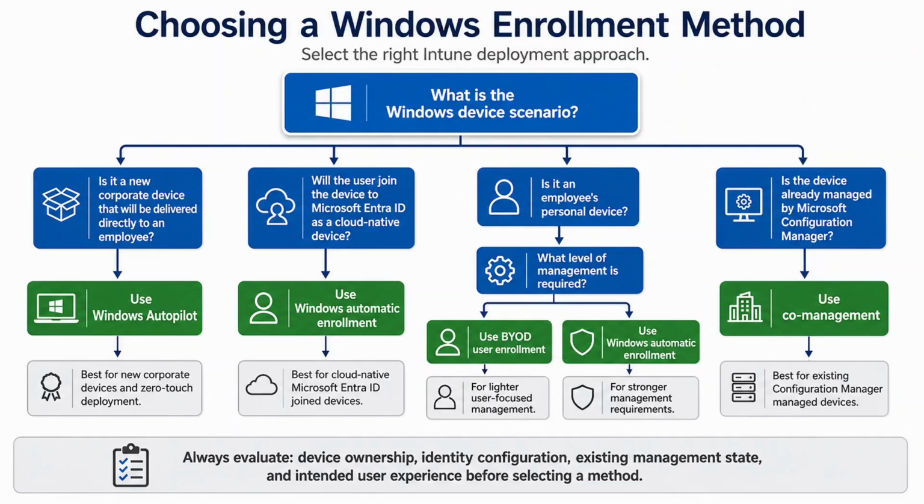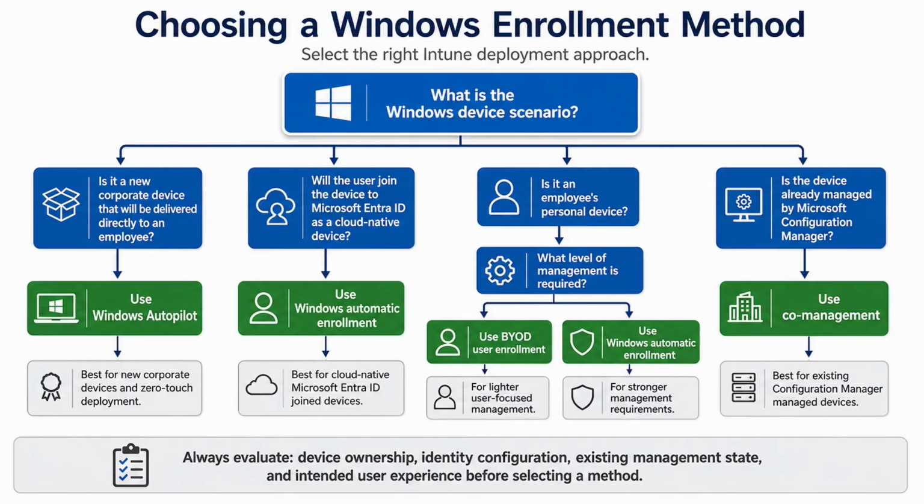For devices that are already managed by Microsoft Configuration Manager, use co-management. But before selecting a method, always evaluate the device's ownership, identity configuration, existing management state, and intended user experience.